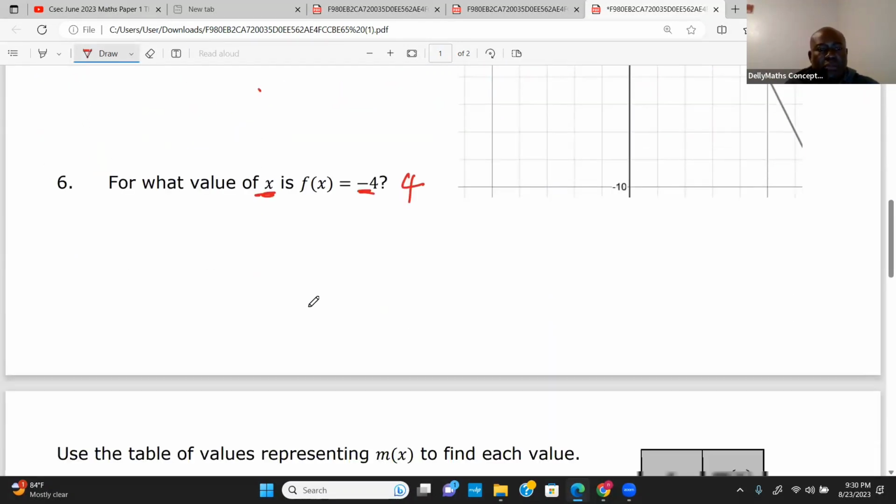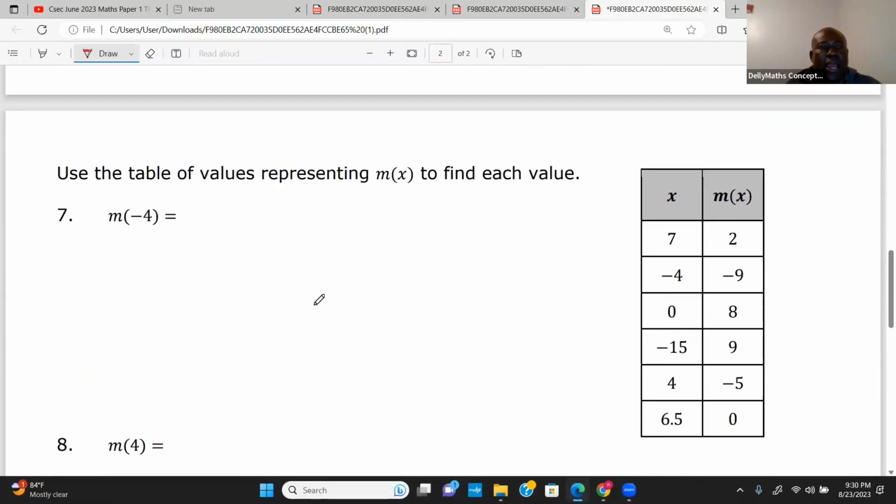All right, let's keep going. For this one, we're actually using the table, right? It says we want to use the table of values representing m of x to find each of the values. Firstly, we want to find m of negative 4. Take a quick look.